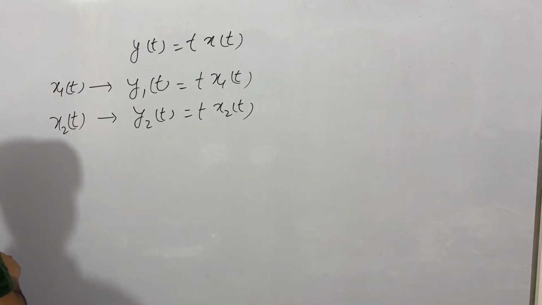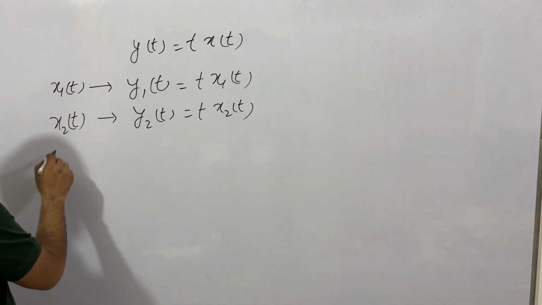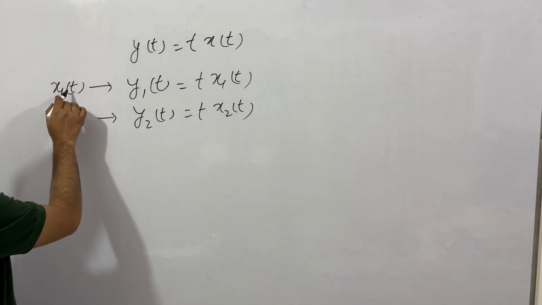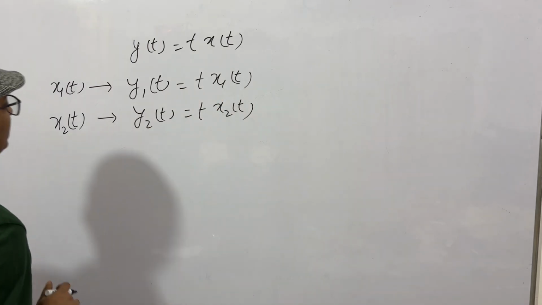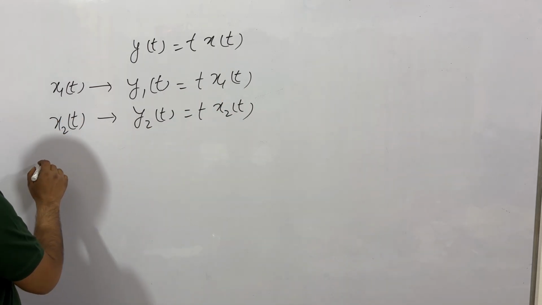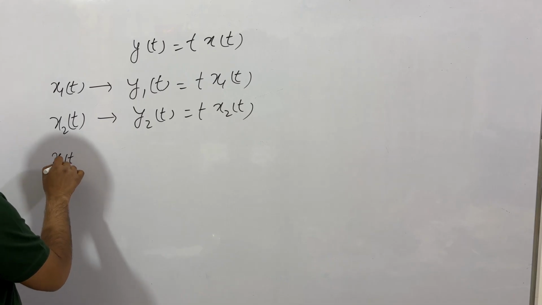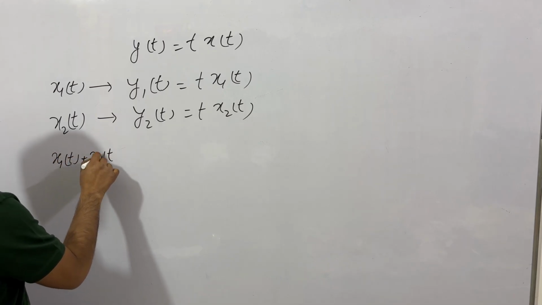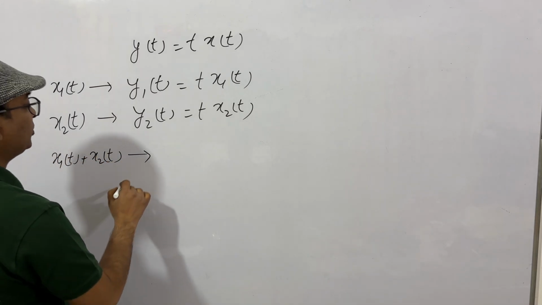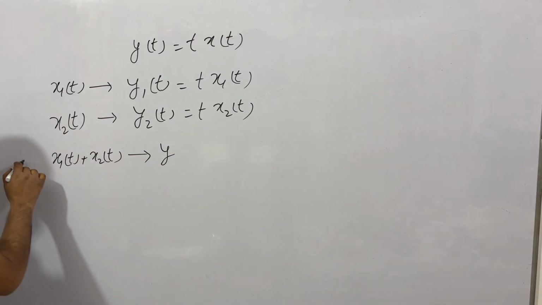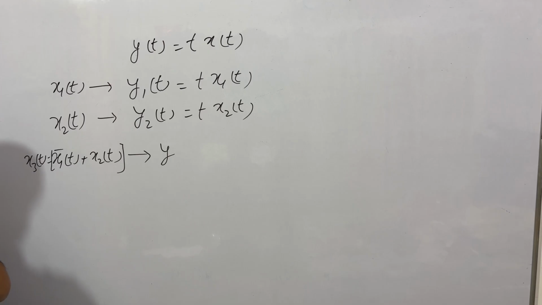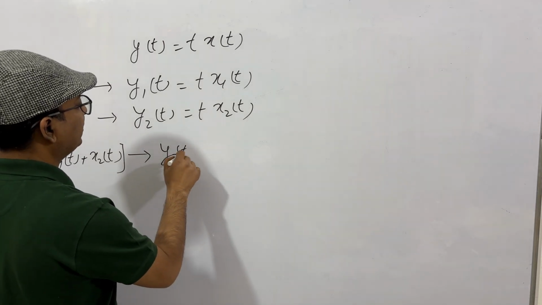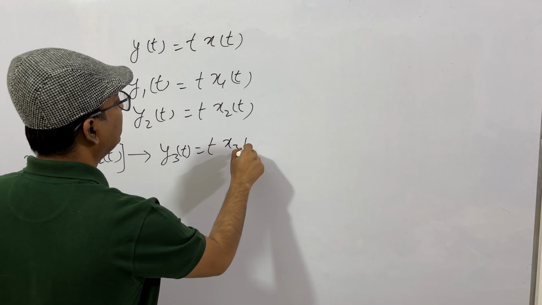Now, to check the scaling property, if we apply a·x1(t), this will simply be a·t·x1(t). So the scaling property is there. Let's see the additive property. If we add x1(t) and x2(t), if this is the input, what will be the output? Let's say this is x3(t)=x1(t)+x2(t). Then y3(t) will simply be t·x3(t).